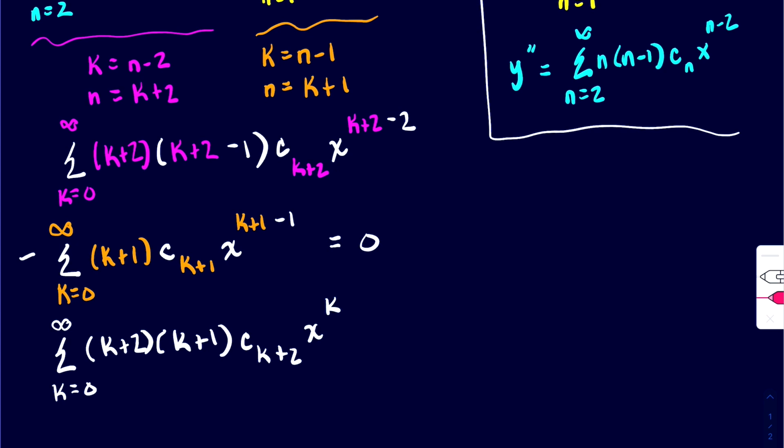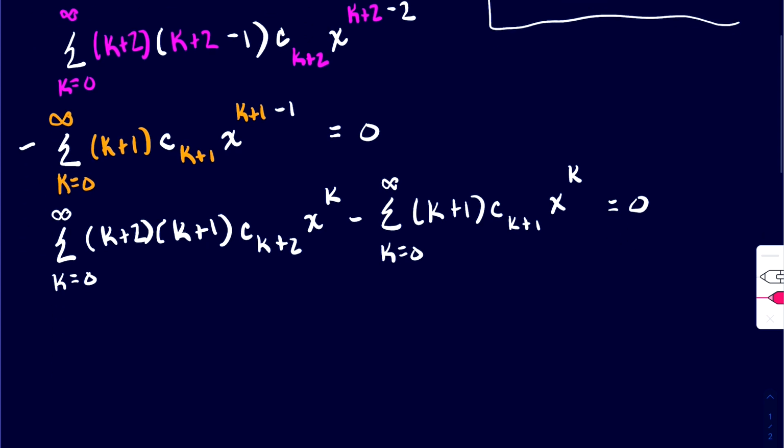That's the first summation simplified, minus the summation, written in terms of k, as k goes from 0 to infinity of k plus 1 times c sub k plus 1 times x raised to the k, and all of that is equal to 0.